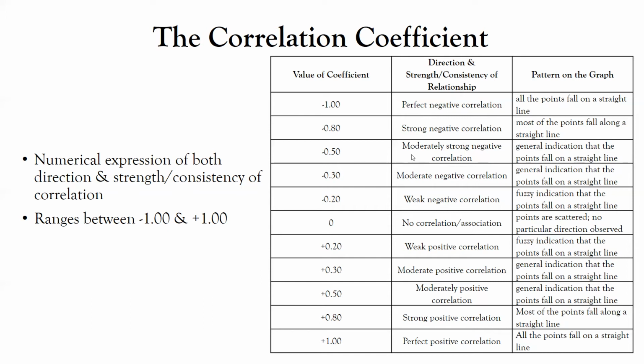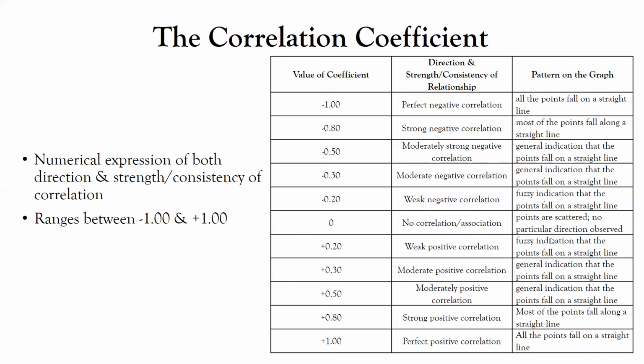Negative 0.50 is moderately strong. We can still see a pattern, a trend in the data, but it gets a little more challenging to see the pattern. 0.30 more so, it's only a moderate correlation. As you come nearer to zero, the correlation becomes weaker.